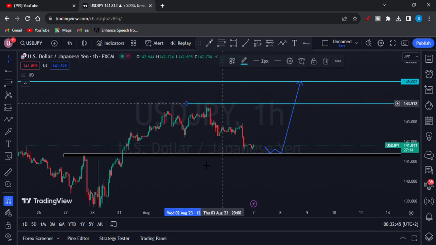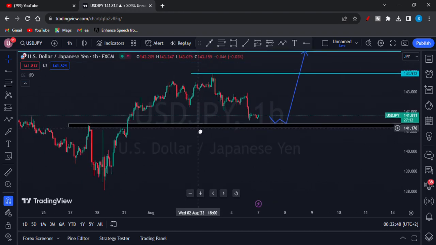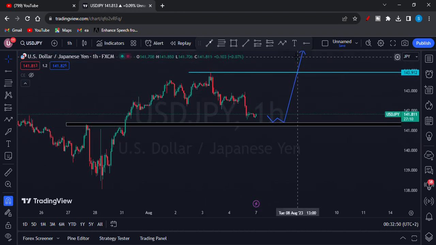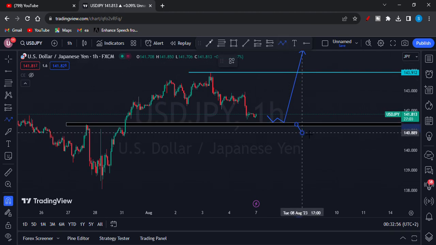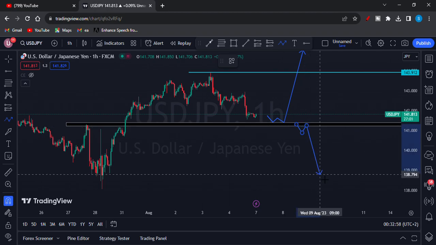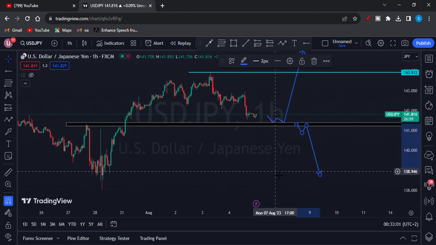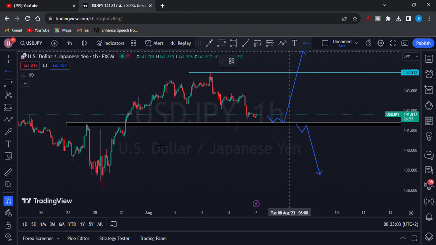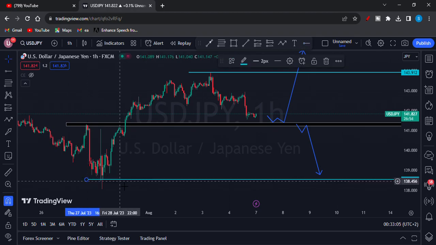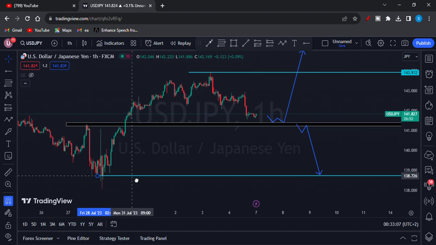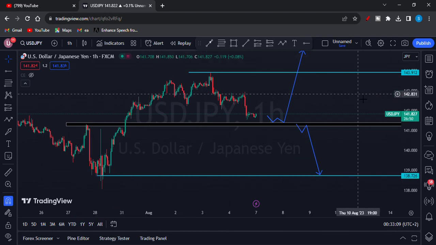But we'll see how the market is going to play out. But if this doesn't happen, then I'll expect a break and retest and then up to here, because anything can happen with these markets.